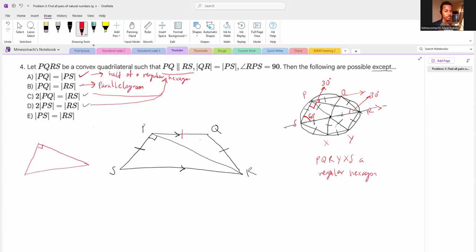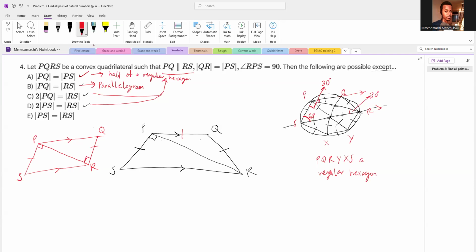If we start from the right angle triangle PRS, and then we construct this line, make it parallel to this, and then we make a second triangle, PQR, such that it's congruent to the triangle PRS, so we want this to be 90 degrees as well.